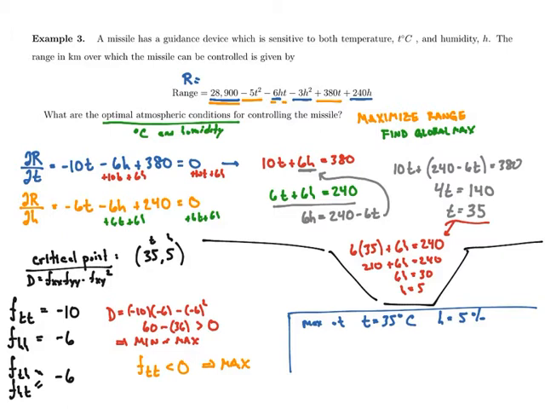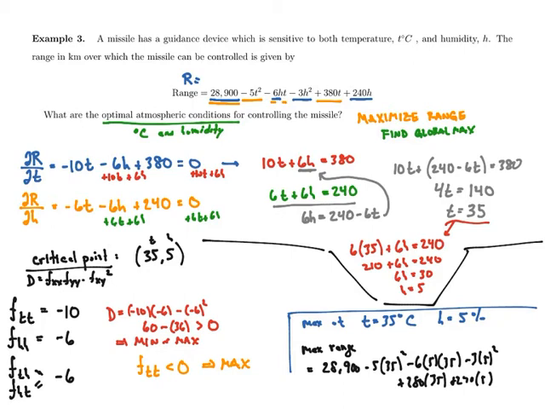And you could find what that maximum is, or what the max range is, by just plugging that in. That's going to be 28,900 minus 5 times 35 squared minus 6 times 5 times 35 minus 3 times 5 squared plus 380 times 35 plus 245.